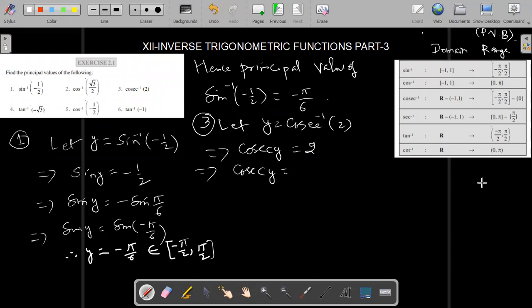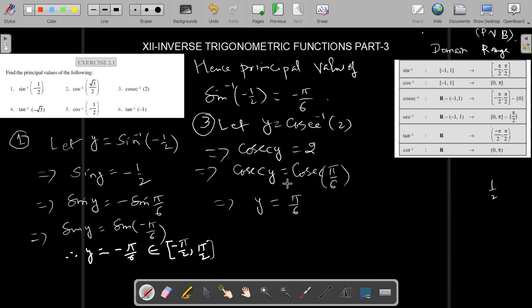It is the opposite of sine. So wherever the sine will have 1 by 2, cosec will have 2. Sine 30 degree is 1 by 2, so cosec 30 degree will be 2, the reciprocal of sine. Cosec 30 degree, pi by 6. So we get y is equal to pi by 6.